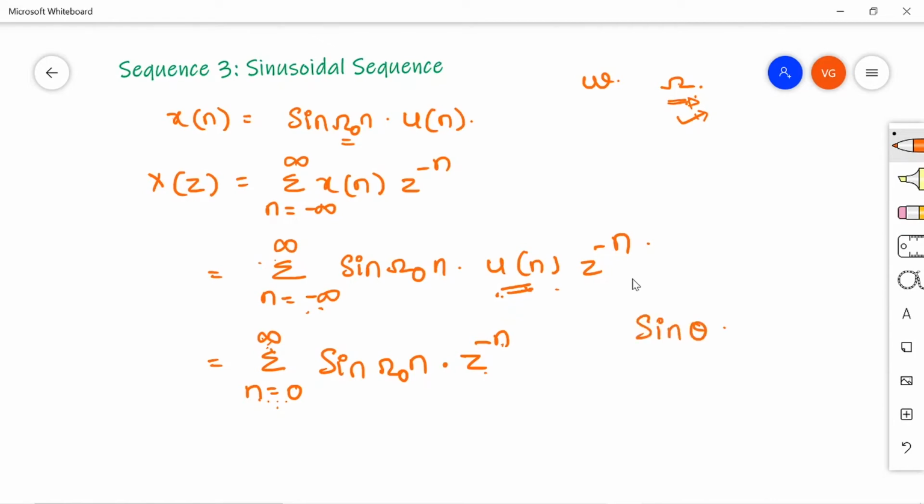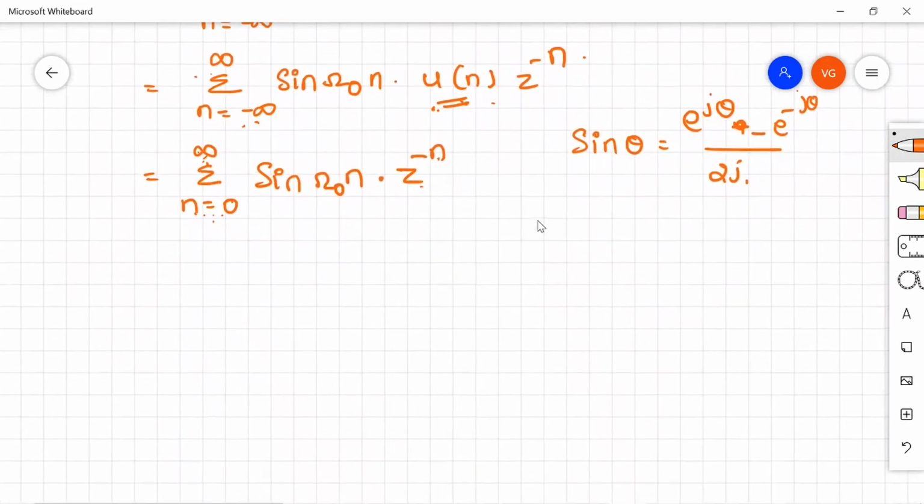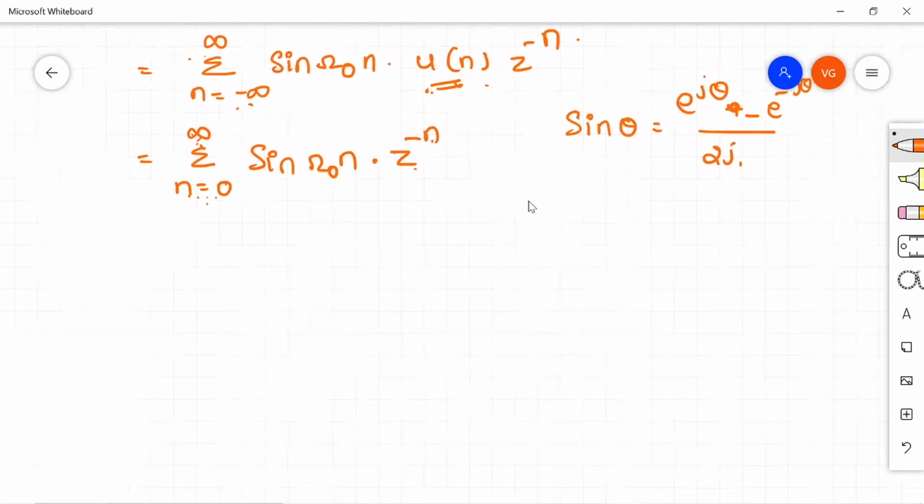Now let us take this. Here sin theta can be written as e power j theta minus e power minus j theta divided by 2j. So I am writing this sine omega naught n in this format. See here, sigma n running from 0 to infinity.